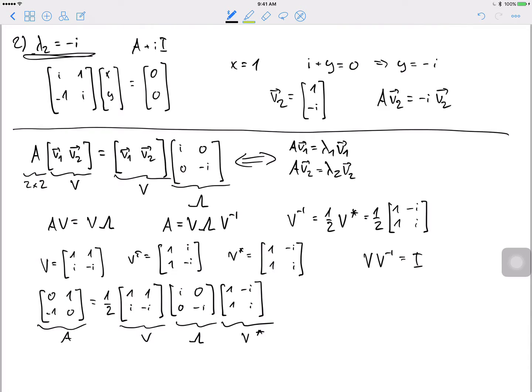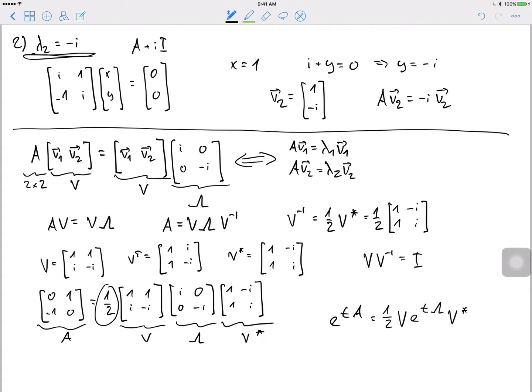Now I can use this to compute e to the power of tA. Okay, because what we said before is that this will be equal to the 1/2 from here, and this will be 1/2 of V e to the power of t lambda V conjugate.